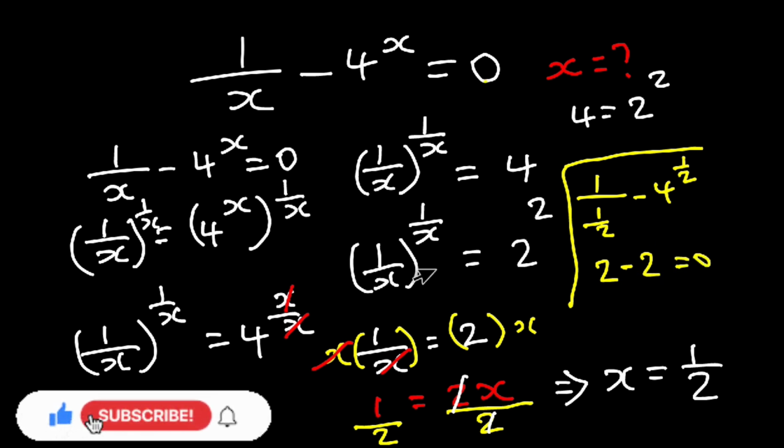Now let me ask you this question. This approach I used in solving this question, is it the right approach? Am I supposed to compare these two bases or the powers, seeing that they are not the same? Because in indices, we know that if you have a to the power of m equals a to the power of n, since these bases are the same, you can compare the powers.